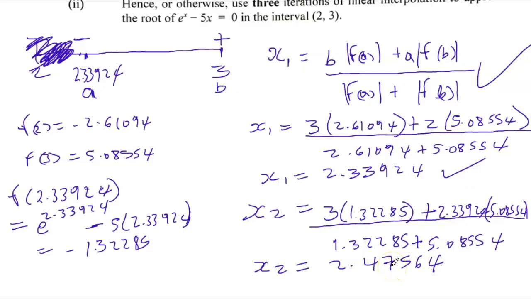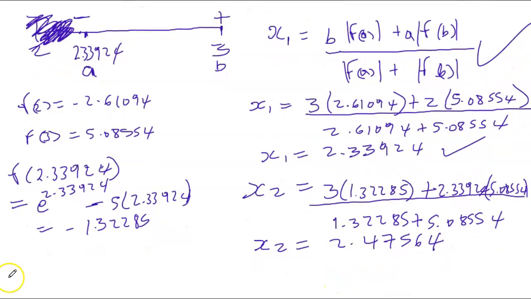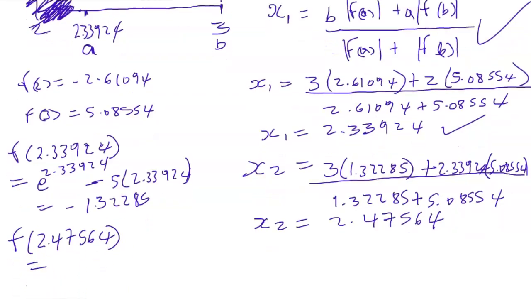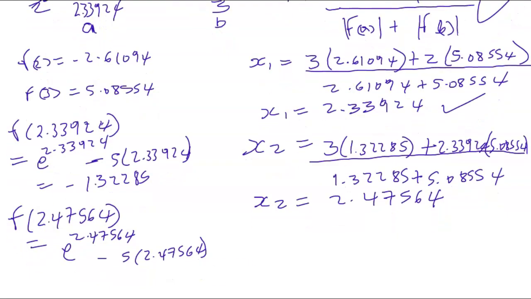We actually use 3 iterations, so let's use one more now. But first we need to decide what f(2.47564) is. Again, using the same function, e^x minus 5x, so it's e^2.47564 minus 5 times 2.47564, and let's see what we get on the calculator.